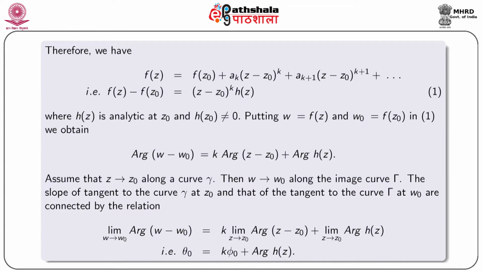Assume that z tends to z0 along a curve γ, then obviously w tends to w0 along the image curve Γ.